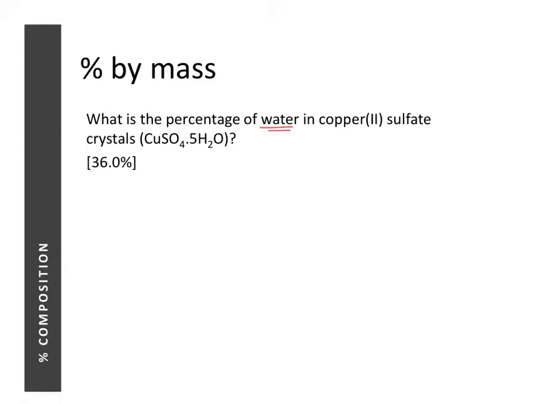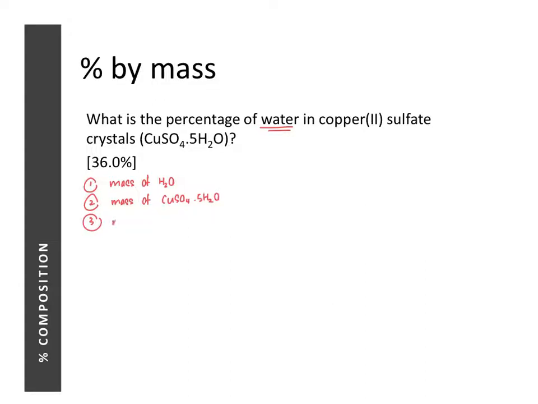We need to look for the 3 pieces of information. We need the mass of the part. In this case, we are looking at the mass of water because we want to find the percentage by mass of water. We need the mass of whole, which is the hydrated copper sulfate.